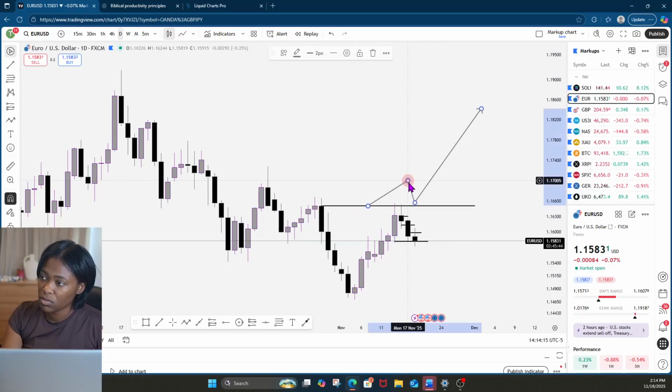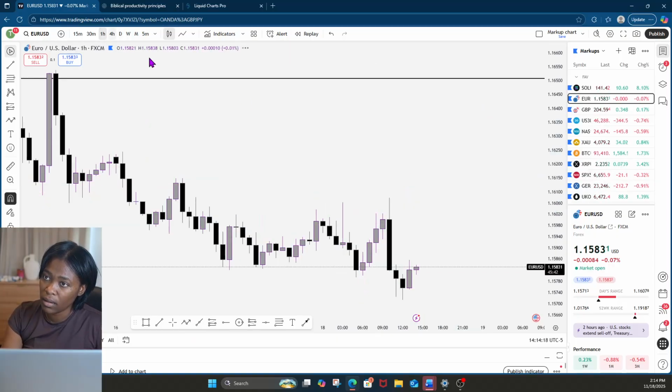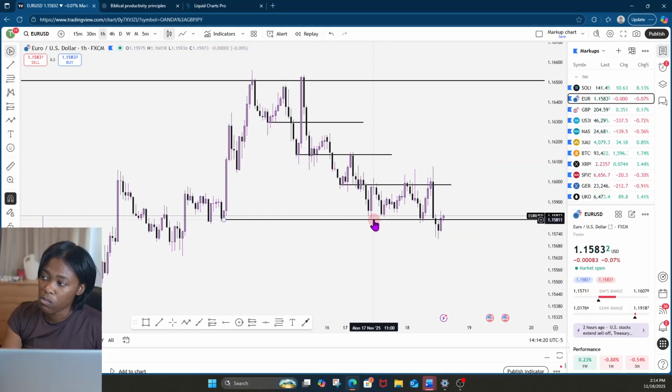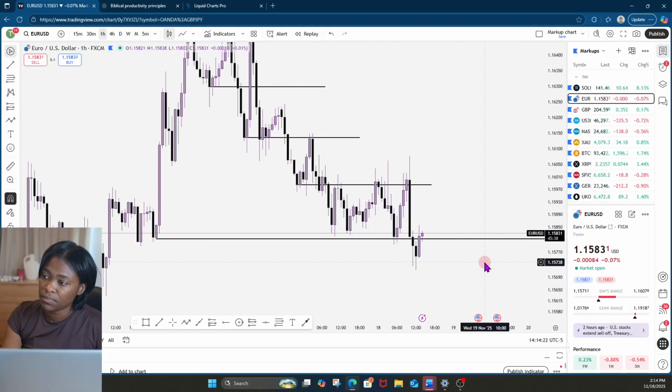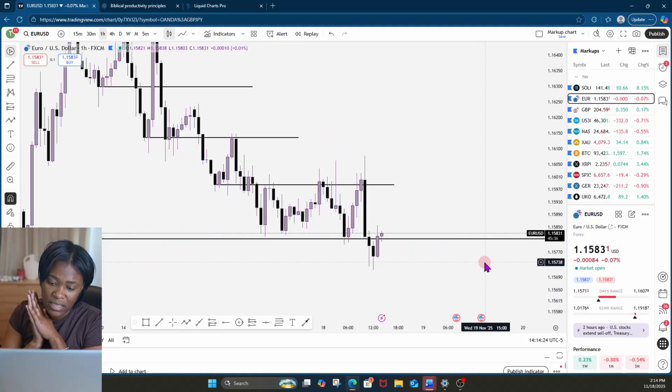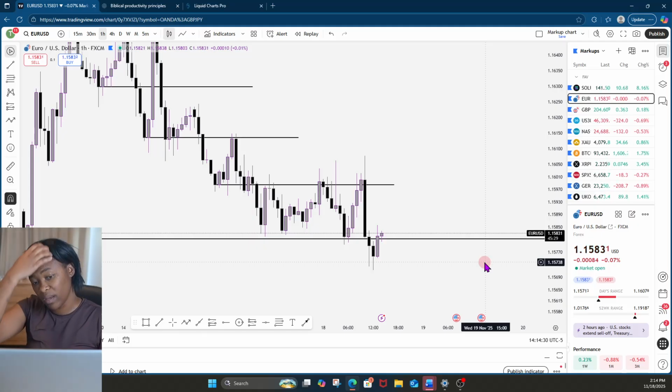And that hasn't happened yet, so you could just keep shorting EU. So I hope that makes sense. ICC is not hard. Price action is not hard. Just look at it from a higher time frame perspective.